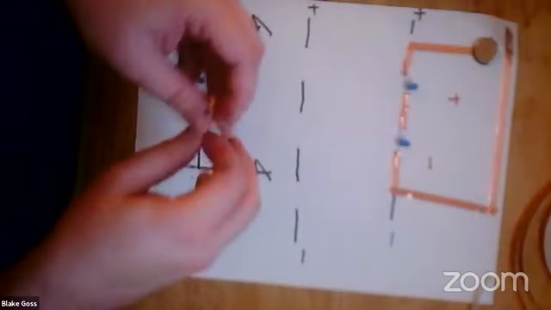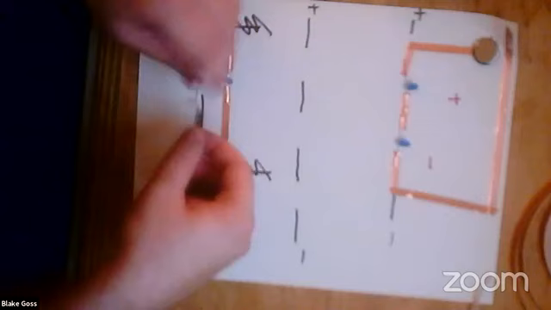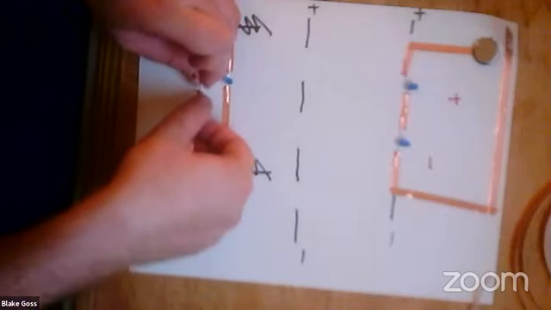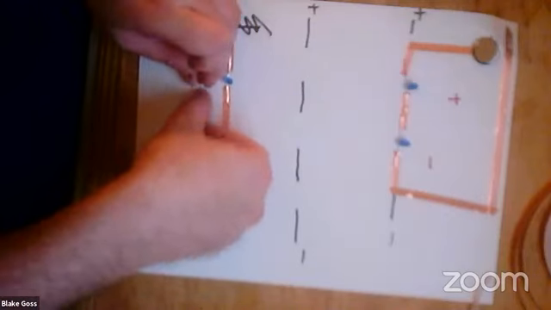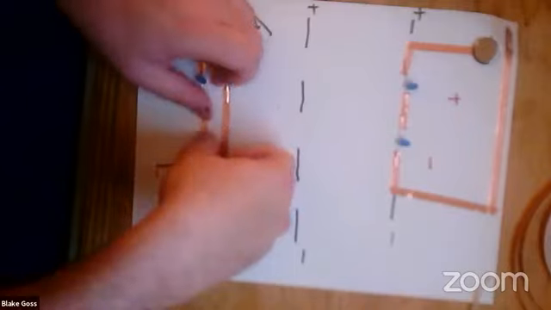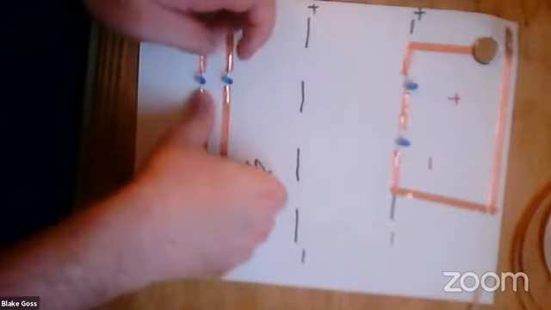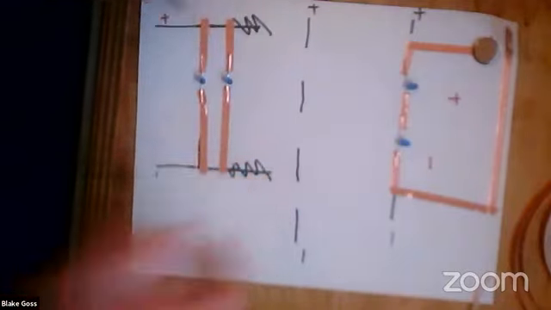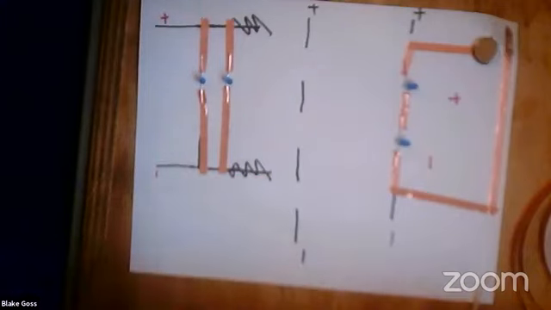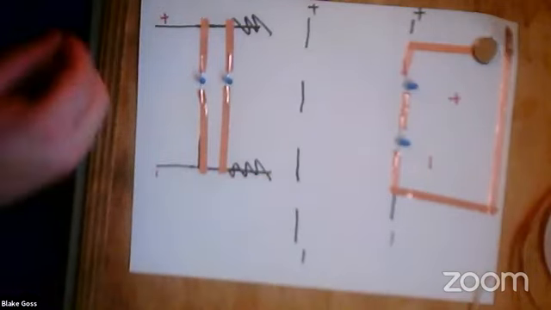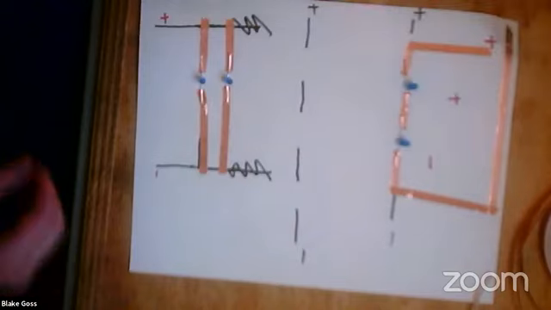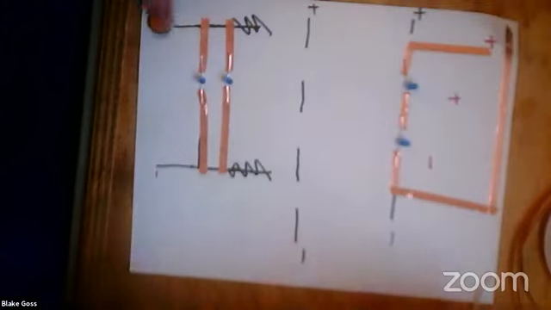There we go. So the minus side leg of light number 2 goes down. Okay, there we are. And then my plus side, okay, same battery over here.